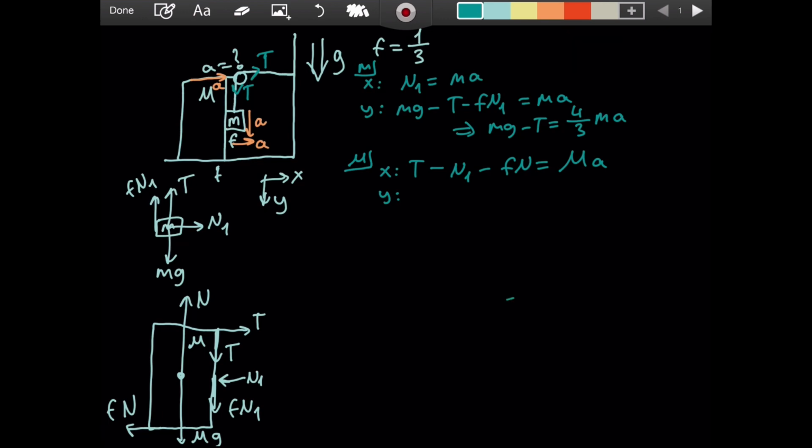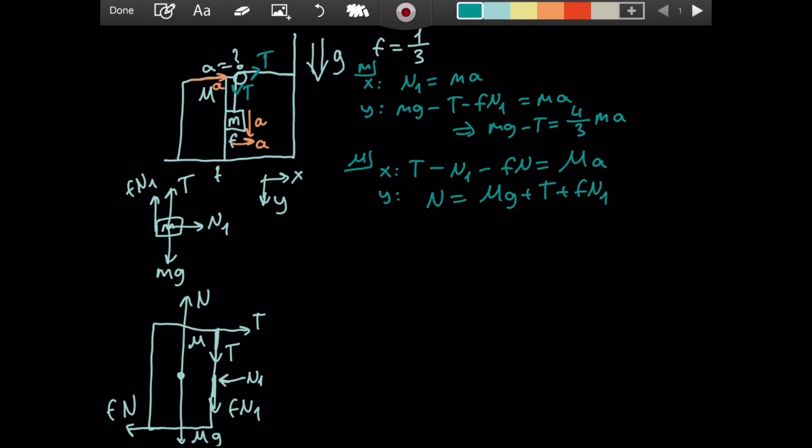The only upward force is N. It will be balanced by Mg plus T, what else, plus fN1. Cool.